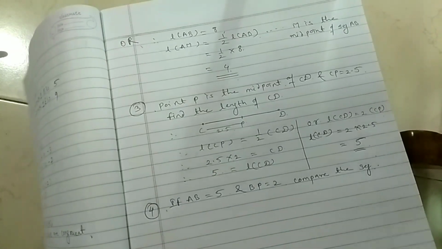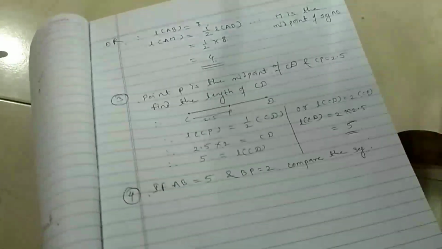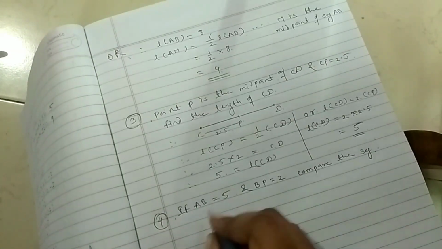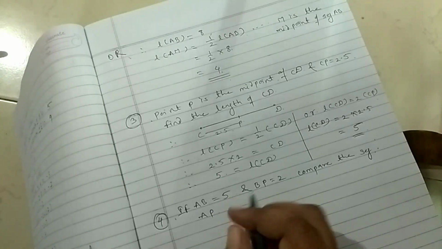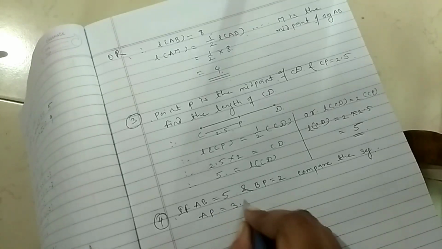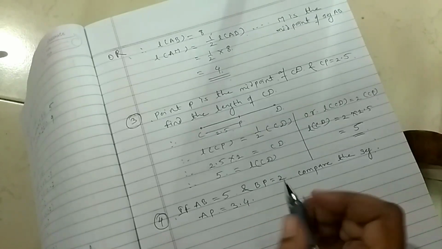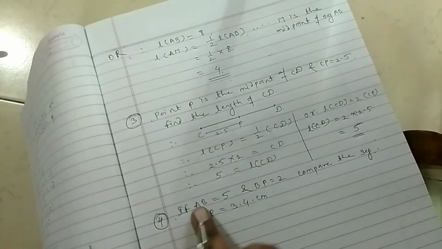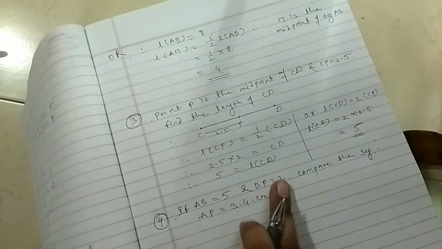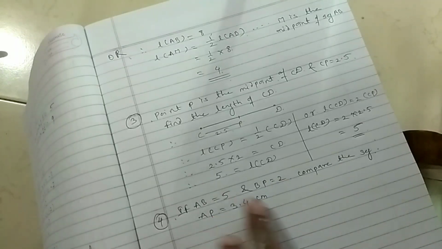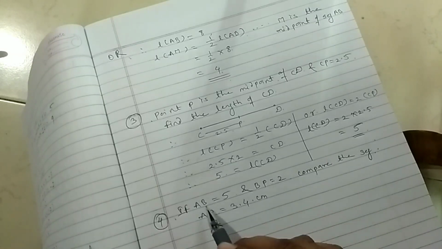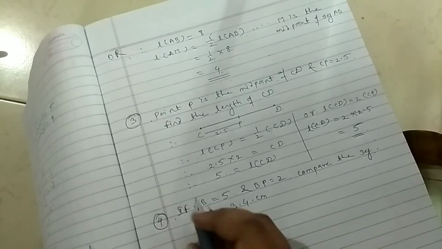In the question, AP is also given. AP is 3.4 centimeters. So AB is 5 centimeters, BP is 2 centimeters and AP is 3.4 centimeters. You have to compare the three segments AB, BP and AP.